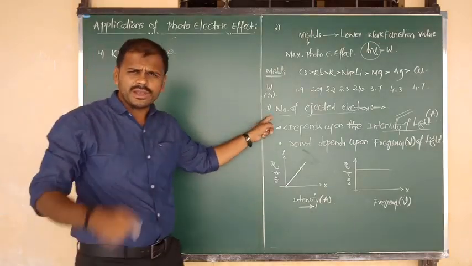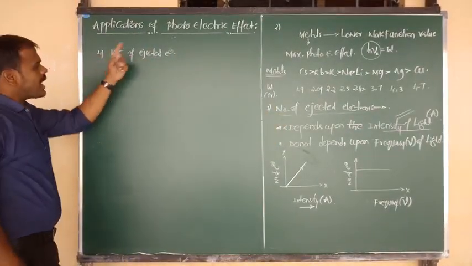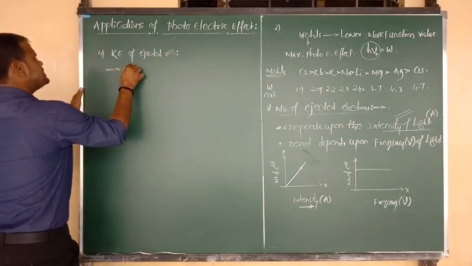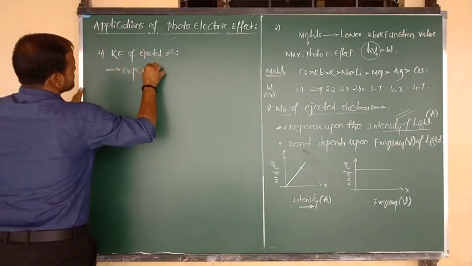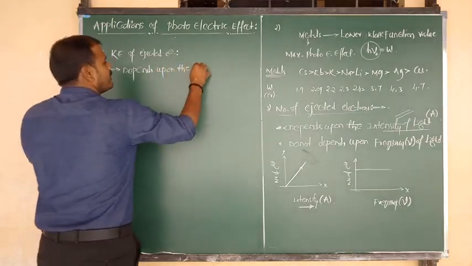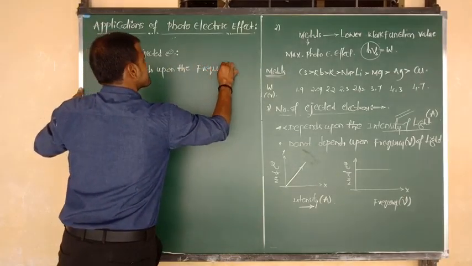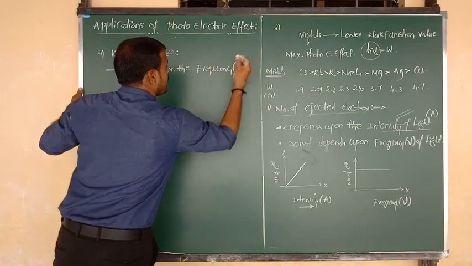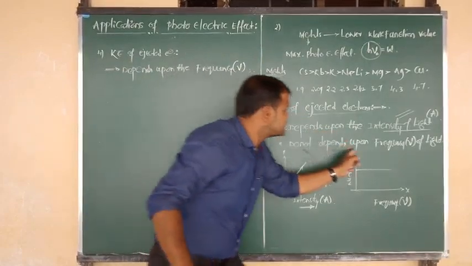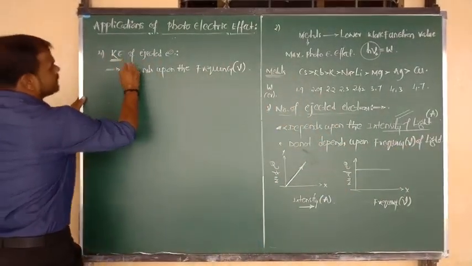This is the concept: the kinetic energy of the electrons depends upon the frequency of light. But what about the number of ejected electrons? The number of ejected electrons does not depend upon frequency, it is constant. But here the kinetic energy of the electron depends upon frequency.